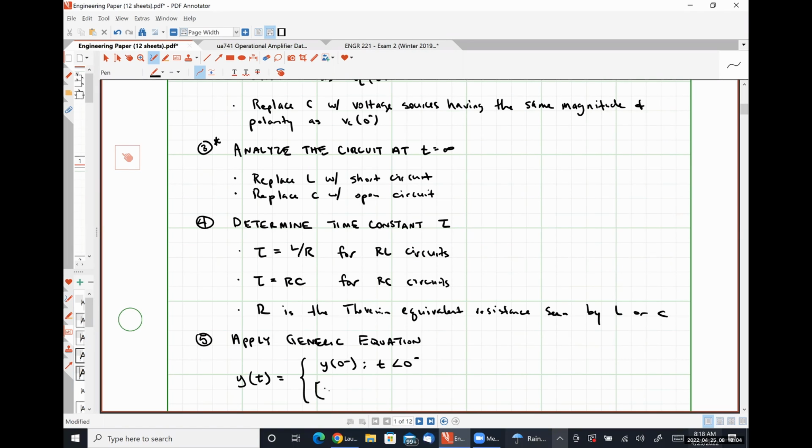It is y of 0 plus minus y at infinity, times e to the minus t over tau, plus y at infinity, for t greater than or equal to 0 plus.